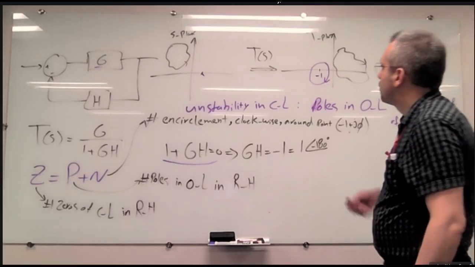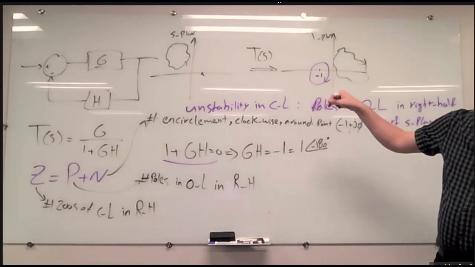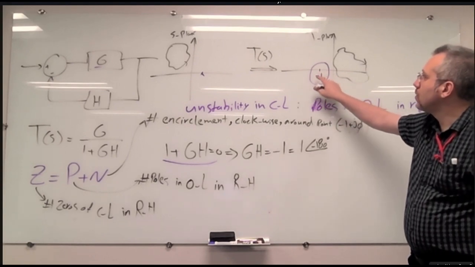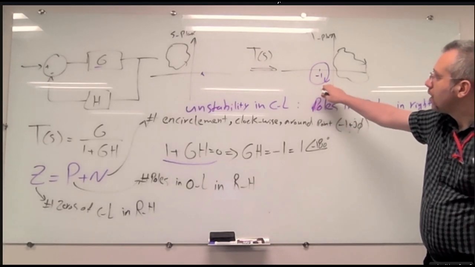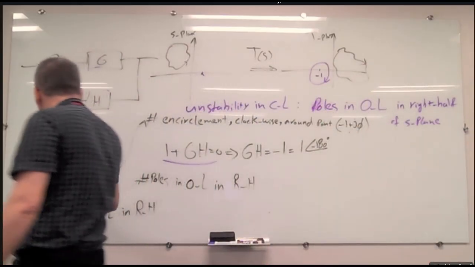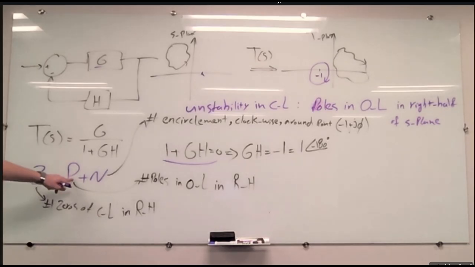Now, if those encirclements happen around -1, and they are not equal, the P plus N, the summation of open loop right half poles and the clockwise encirclement around -1, if they are not canceling each other out, we would end up with a number of zeros of our closed loop in the right hand side, then our system is unstable.